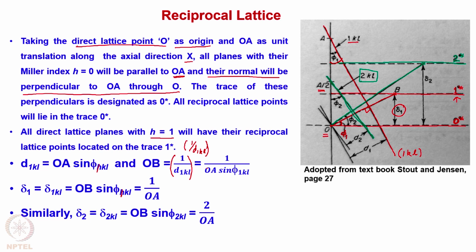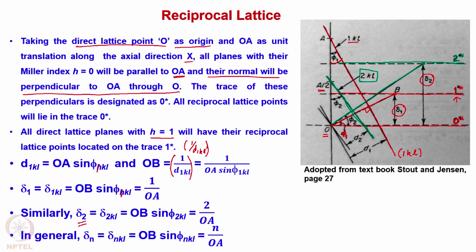In the same manner, one can show that delta 2, which is this, is equal to delta 2kl, which is equal to OB sine phi 2kl, which is equal to 2 by OA.